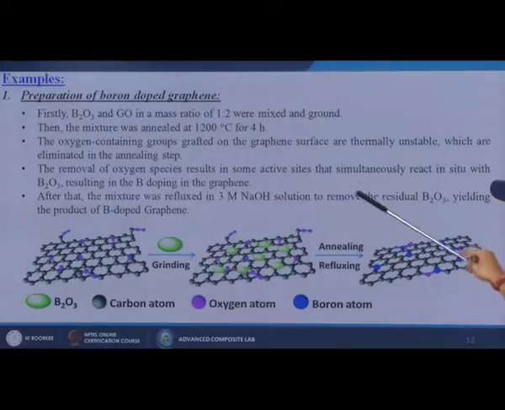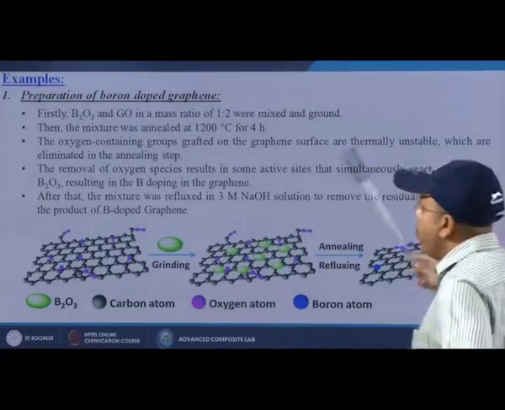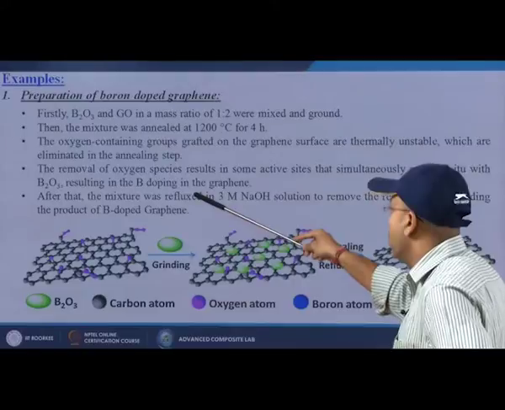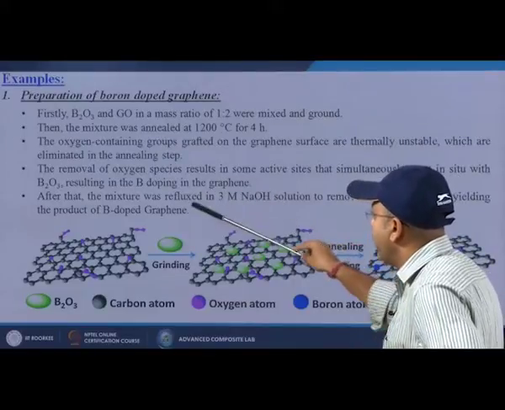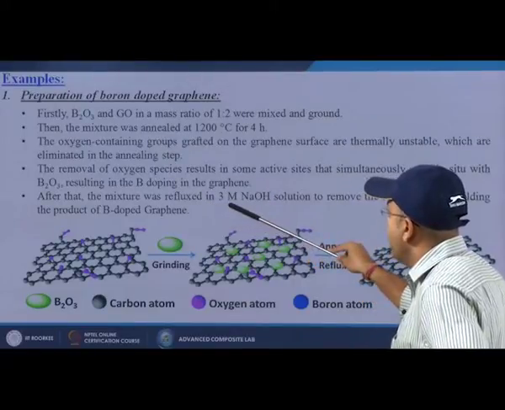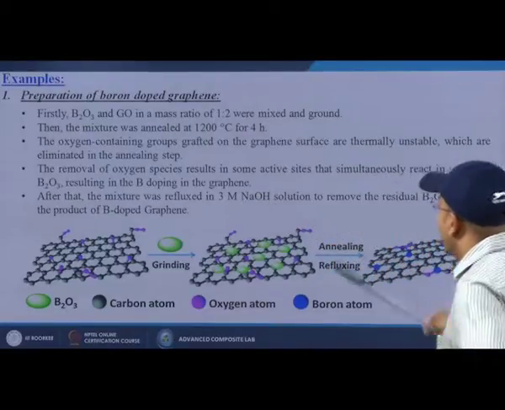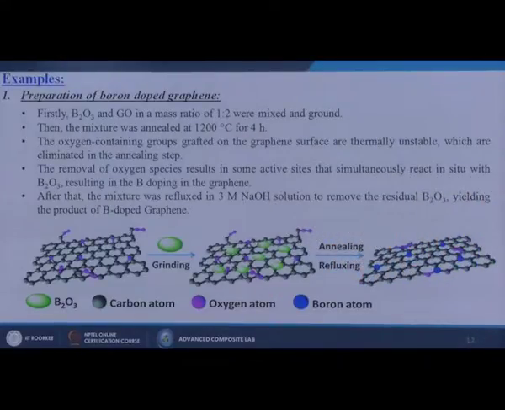The removal of oxygen species results in active sites that simultaneously react in situ with boric acid, resulting in boron doping into the graphene. After that the mixture was refluxed in 3 molar sodium hydroxide solution to remove the residual boric acid, yielding the product of boron doped graphene.